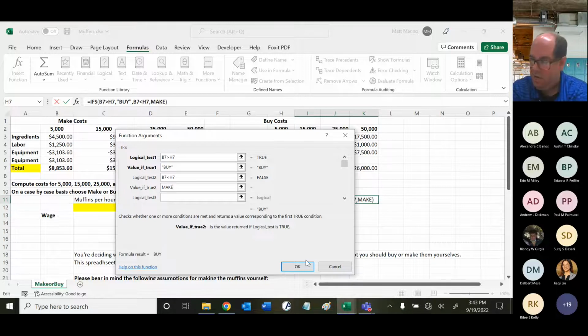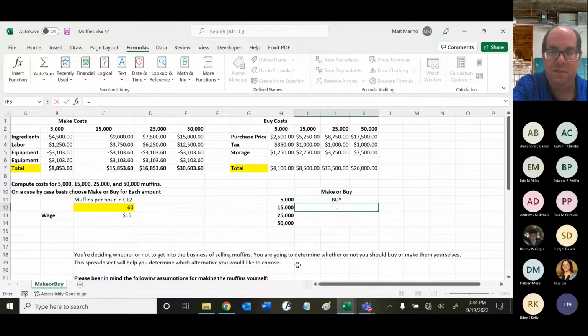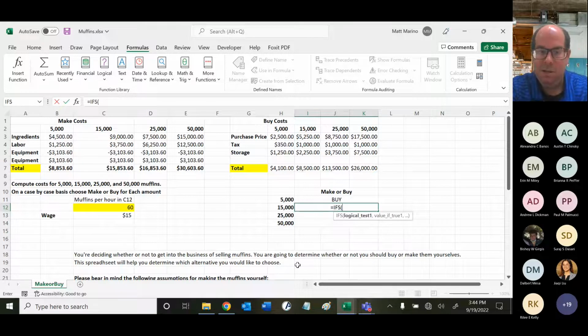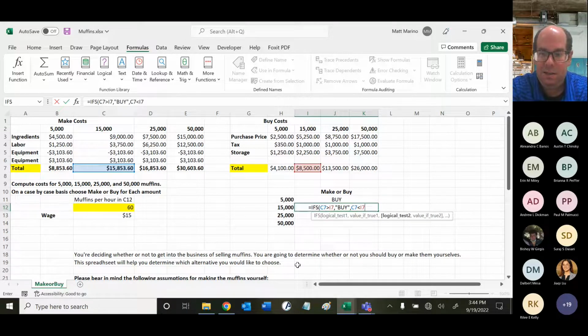So what happens when you click OK? Which word comes up? Buy. Yep. And then for the 15,000, you could do ifs, C7 greater than I7, buy, comma, C7 less than I7, comma, make.